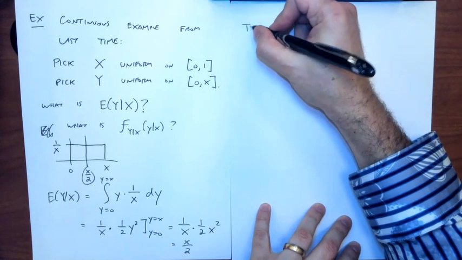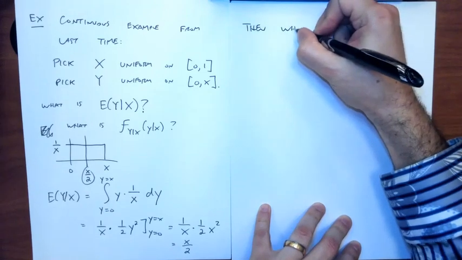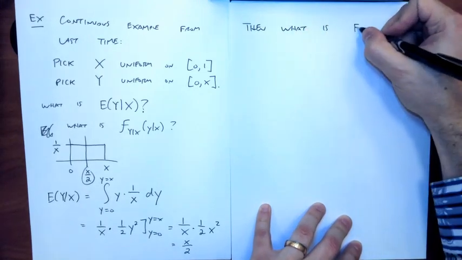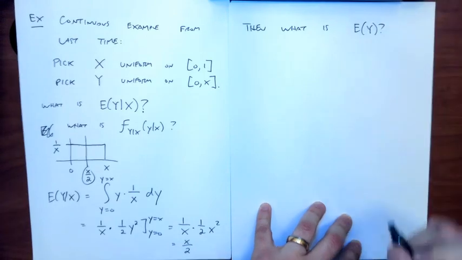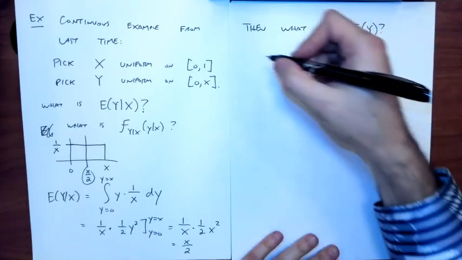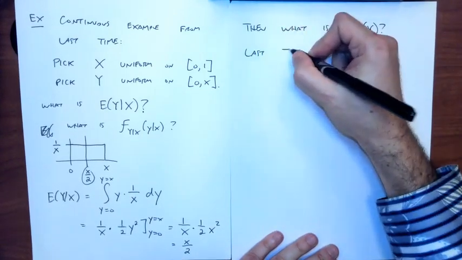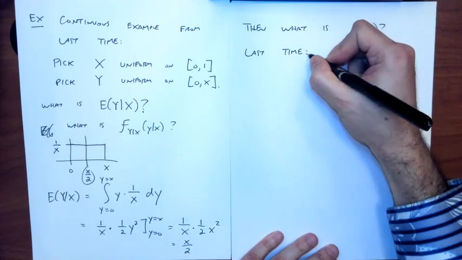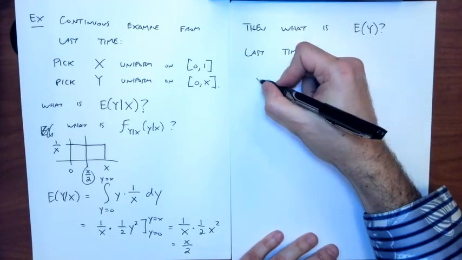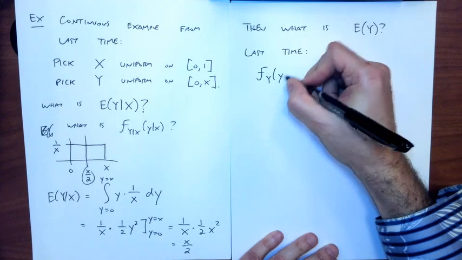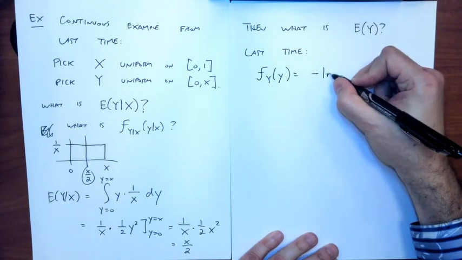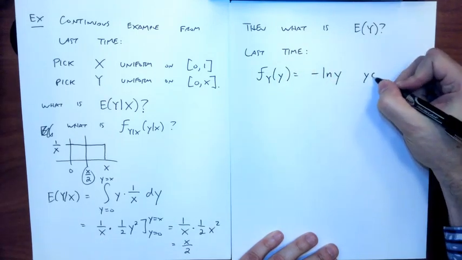And then I could ask, so then, what is the expected value of y, right? So last time, we did a lot of work to figure out what was the marginal PDF of y. We found out that the marginal PDF of y was minus log y when y was in this range.